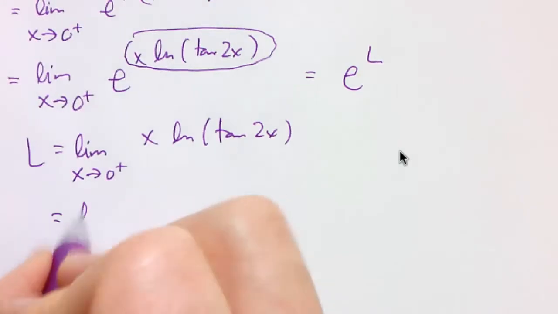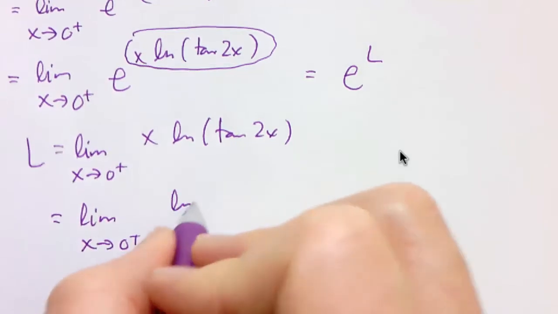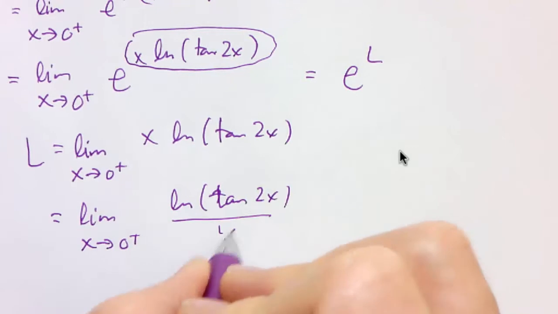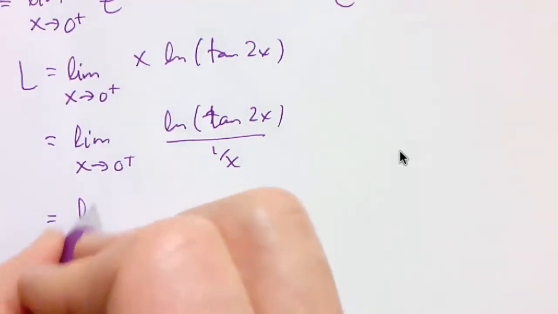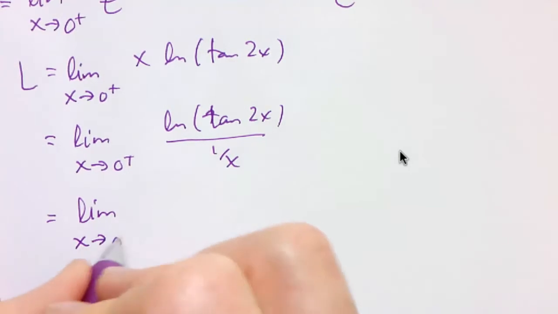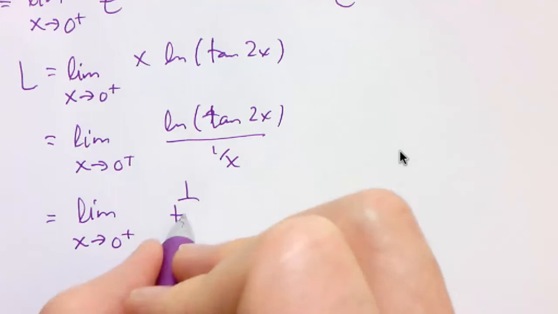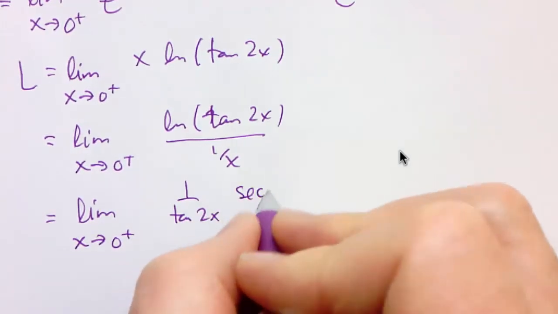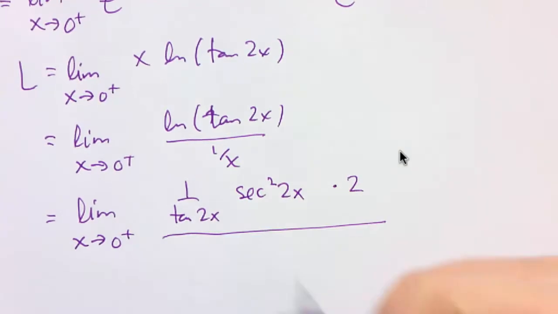Going to rewrite that in a form where we can apply L'Hopital's rule. Differentiate the top and bottom. One over tangent 2x. Derivative of log of some stuff is 1 over the stuff times the derivative of the inside. Now applying the chain rule, we get another 2. Right, so that's a double chain rule for the numerator.